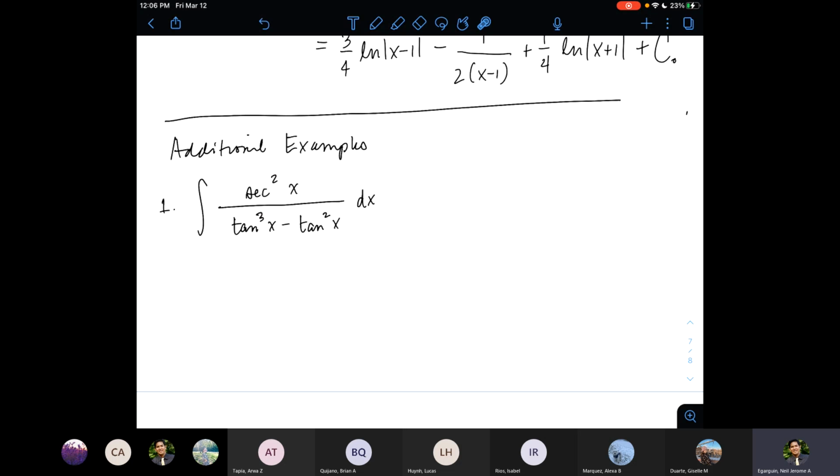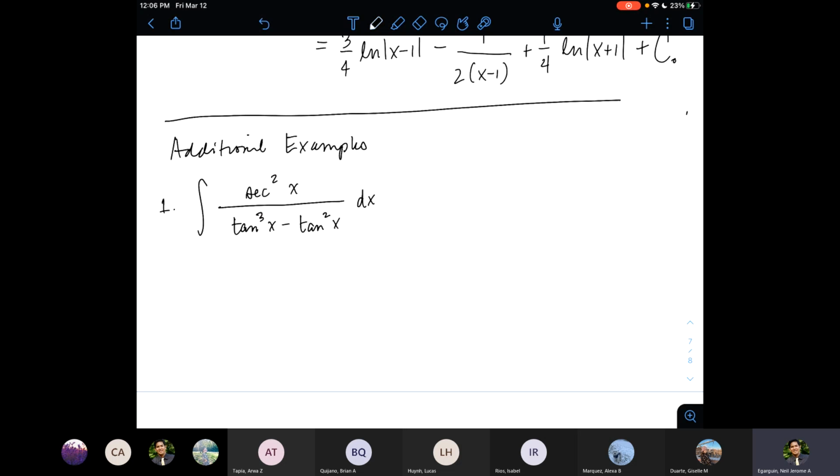So that's out of the question. So if I look at the denominator further, it looks like it's some sort of a polynomial, but a polynomial in tangent x. So maybe a u substitution as a starting step will reveal that, oh, this is polynomial in form.